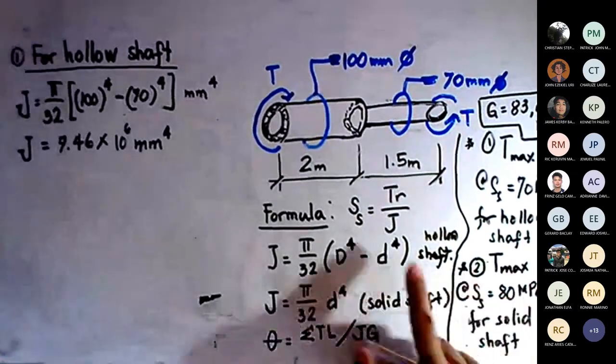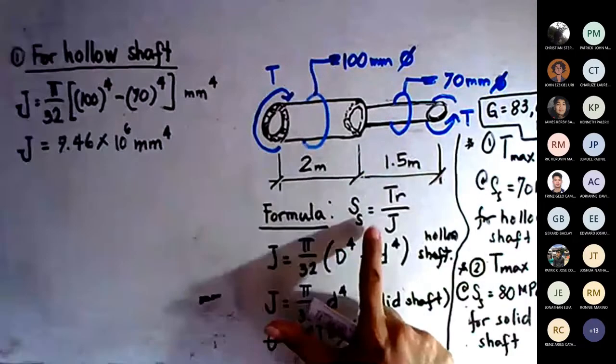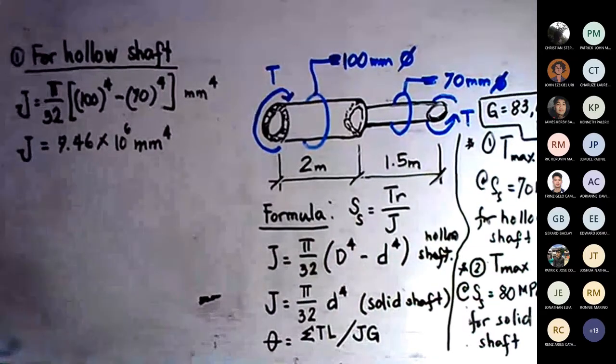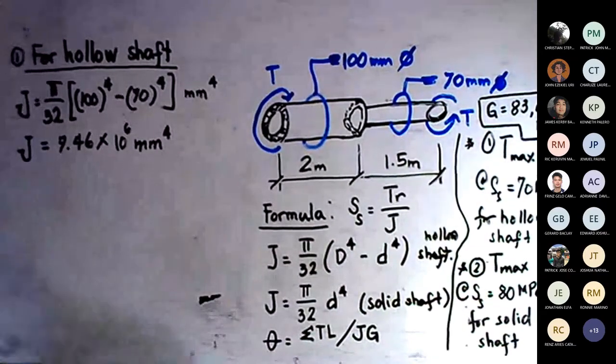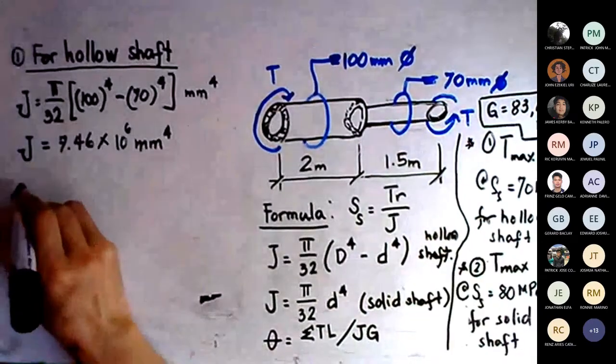Then, we are going to use that to determine the maximum torque by using the formula of the shearing stress. Okay? Ang shearing stress natin is 70 megapascal.